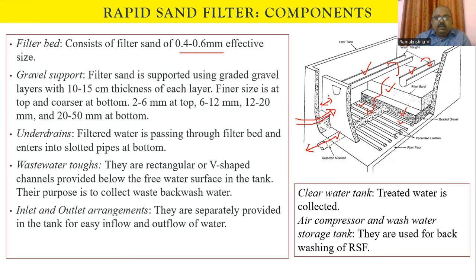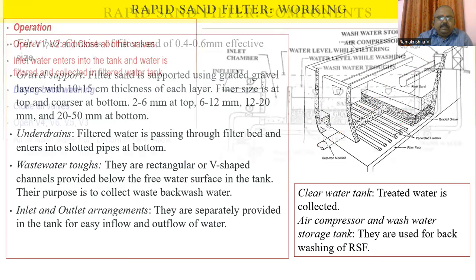So water will be overflowing this weir and passes through the filter bed from top to bottom. And the clear water tank is where the treated water is collected. And the air compressor and wash water storage tank are used only during the cleaning of the filter.